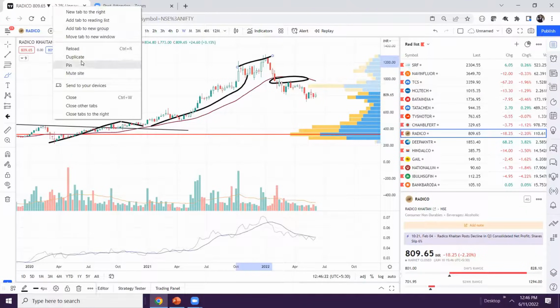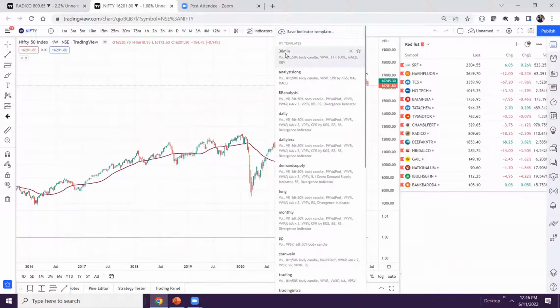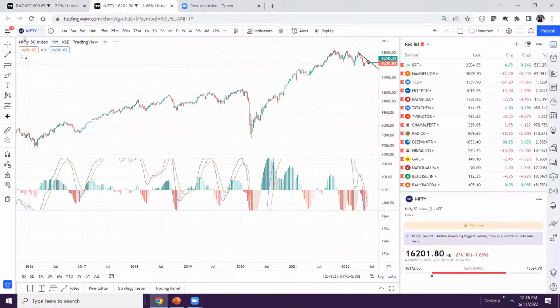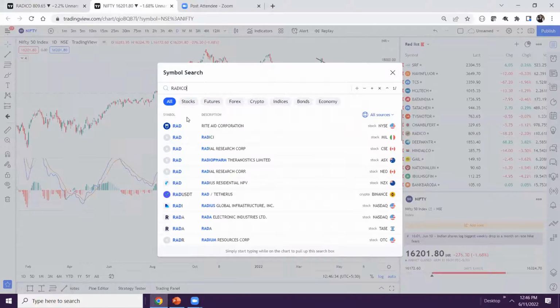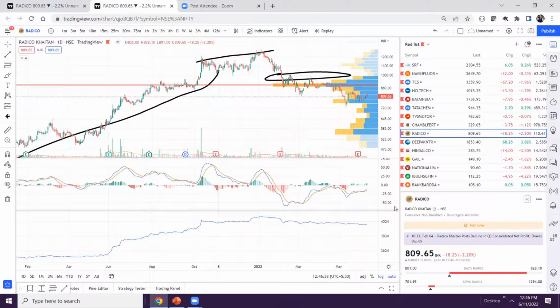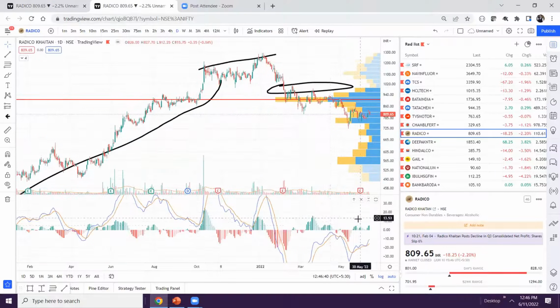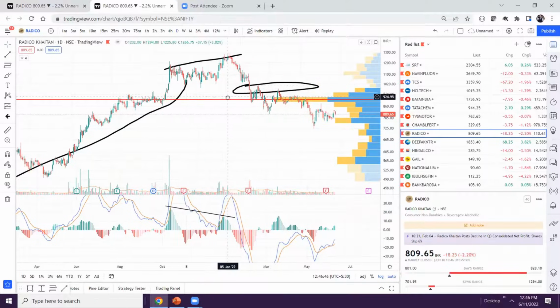So let me go to a different timeframe for the same stock. Let us see. You can see the divergence here. Yes.